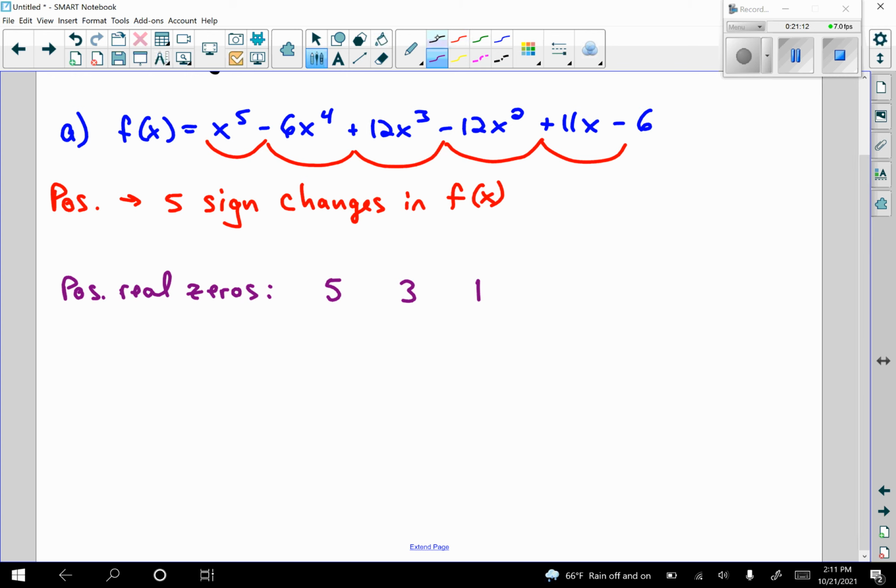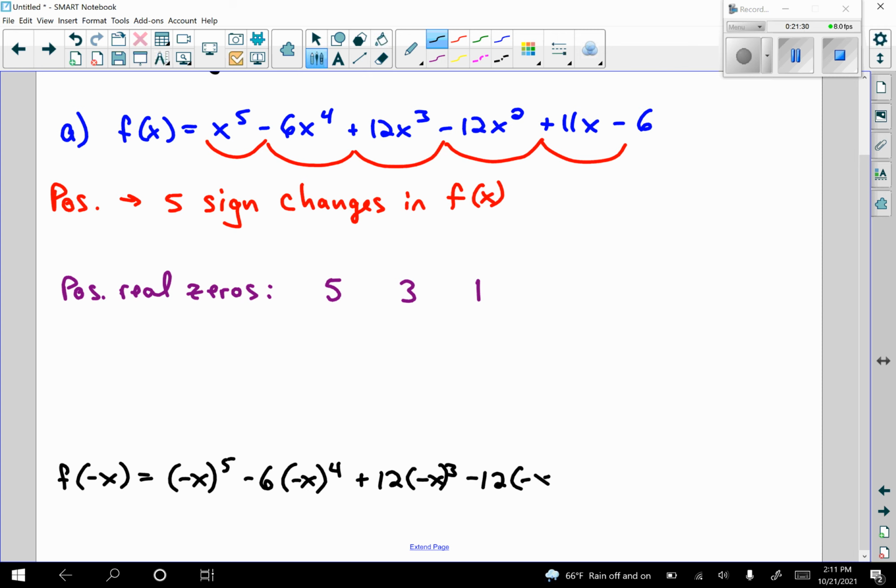I'm going to come down here for negative. So first I want to figure out f of negative x. So that's going to become negative x to the 5th minus 6 times negative x to the 4th plus 12 times negative x cubed minus 12 times negative x squared plus 11 times negative x minus 6.